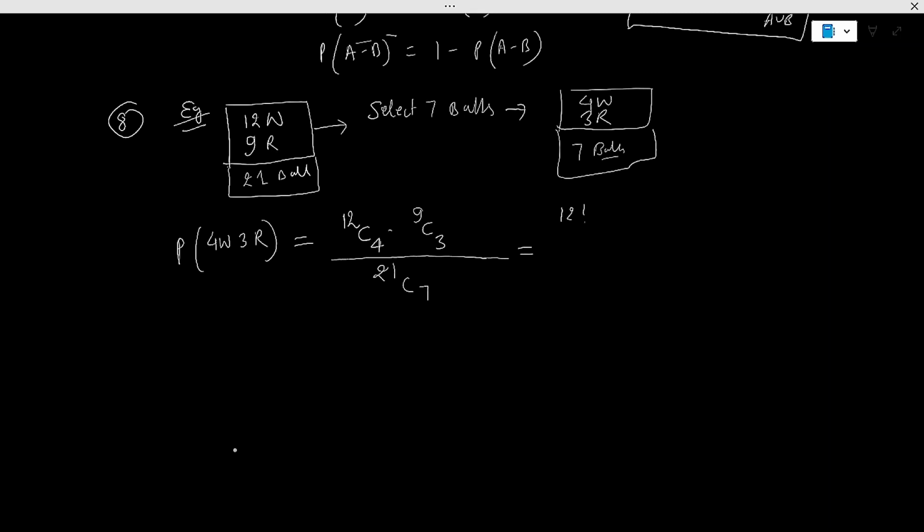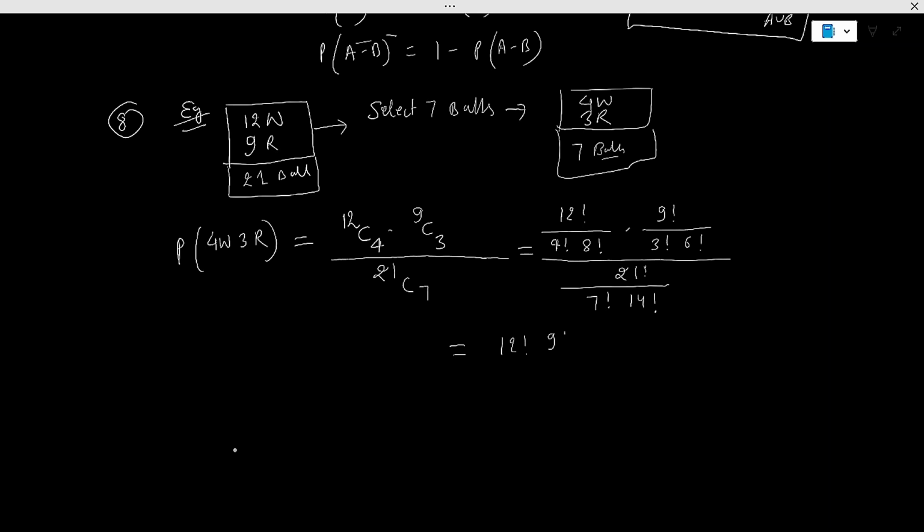Therefore 12C4 is equal to 12 factorial divided by 4 factorial times (12 minus 4), 8 factorial, and 9C3 is equal to 9 factorial divided by 3 factorial times (9 minus 3), 6 factorial, divided by 21C7, which is equal to 21 factorial divided by 7 factorial times (21 minus 7) factorial, which is 14 factorial. Now let us operate them and represent in a single numerator and denominator.